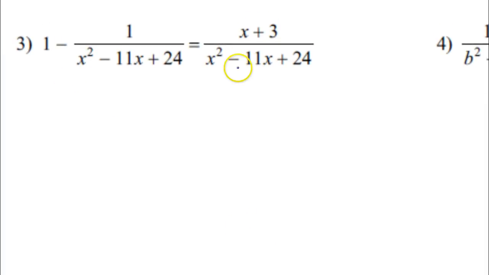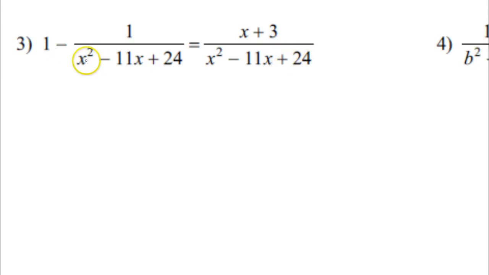Alright, same deal. I want all the denominators to be the same so I can then cancel them out. It's a little bit weird. I'm noticing that these denominators are already the same.